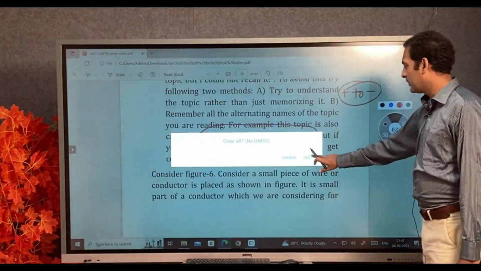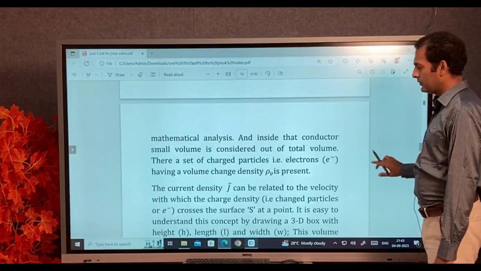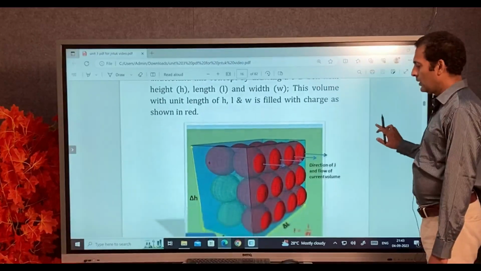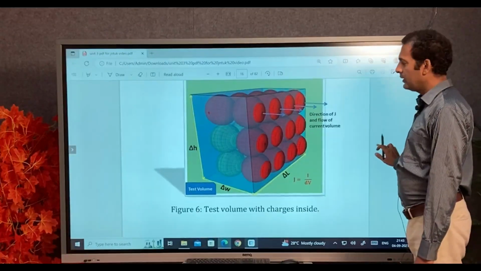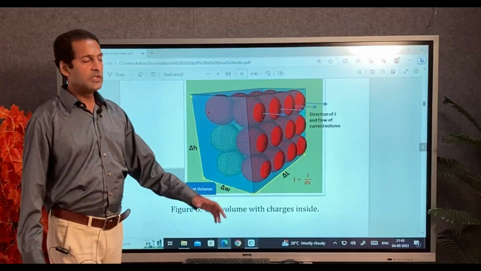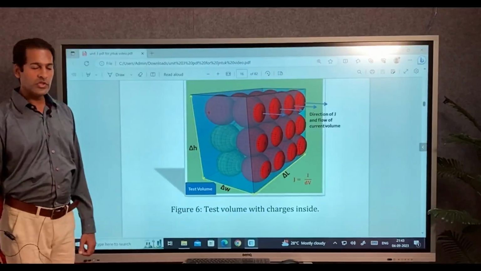Now let us consider diagram 6, where we will have current density, and these volumes are in motion. Now we are talking about moving charges. We are having a volume charge.